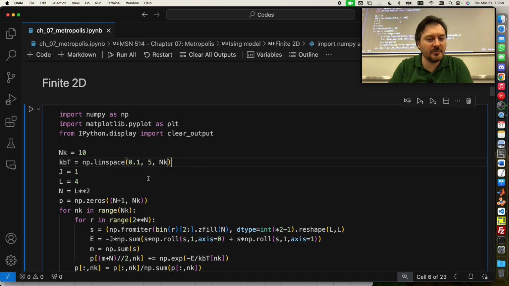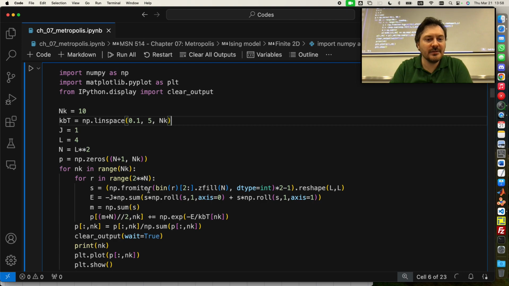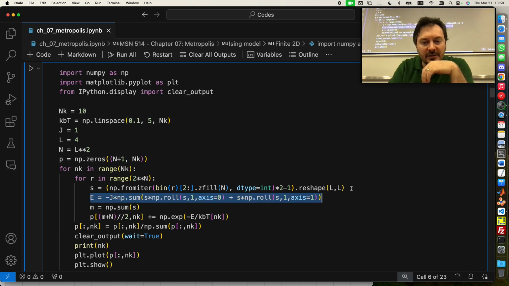And this is our program for the 2D. What is different here? Do you see the same code? What is different is the way we calculate energy. So can you explain to me this part of the code? Oh, before going there, I actually changed also something in this line.